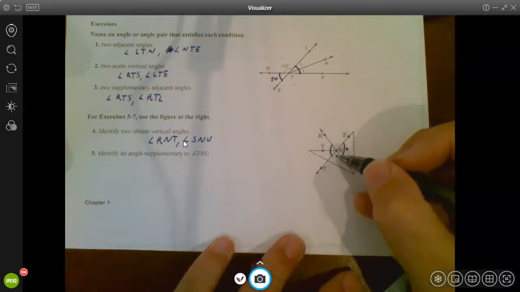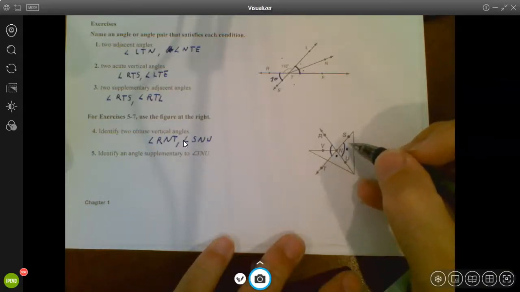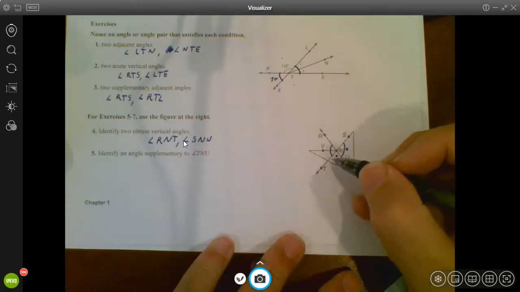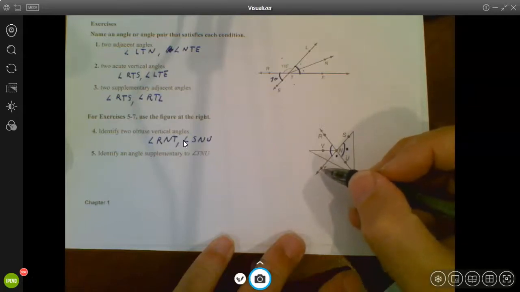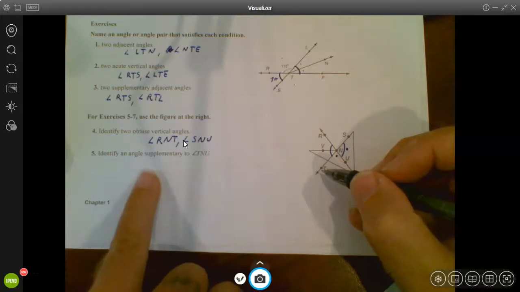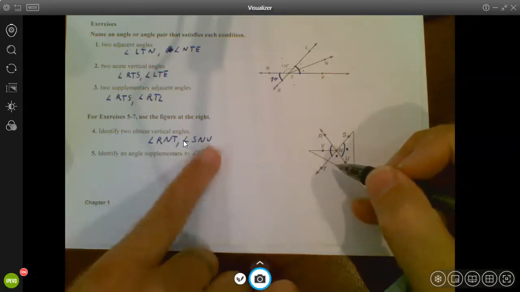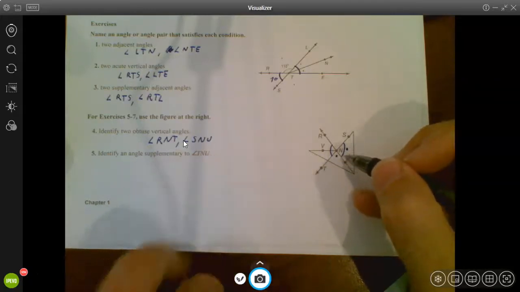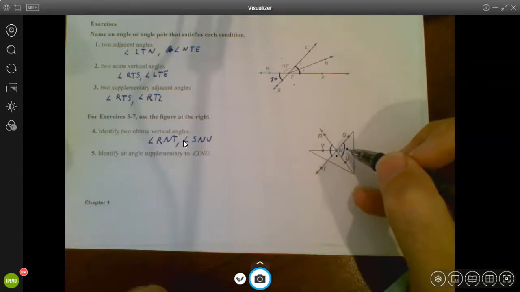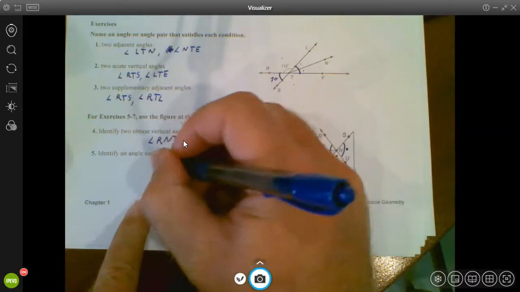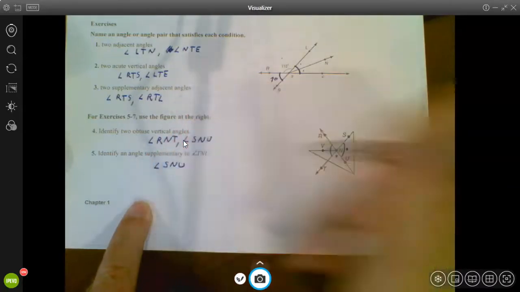So when we put this angle and this angle next to each other, they form this line right here. And so I know for sure they add to 180, which makes them supplementary. So which one is supplementary to this angle? It would have to be this one. So let's say angle SNU is supplementary. Man, that's an ugly U.